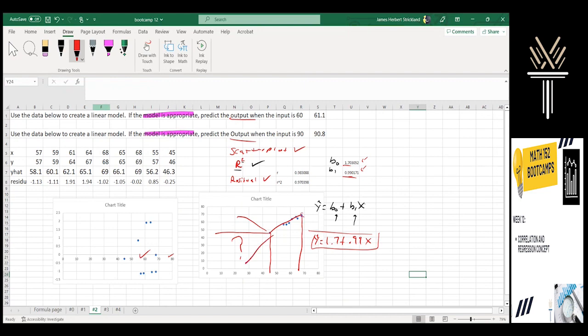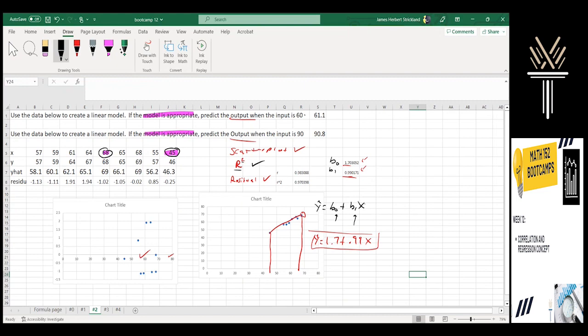We don't know what happens after this point. We don't have a clue what's happening. All we know is between our smallest and biggest point. So on our x's, what was the smallest point? 45. What was the biggest point? 68. So we're only allowed to talk about calculations between 45 and 68.